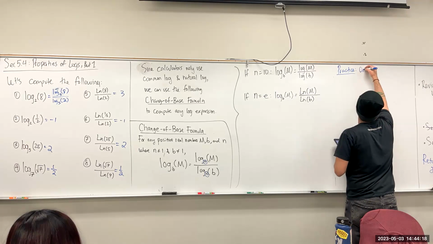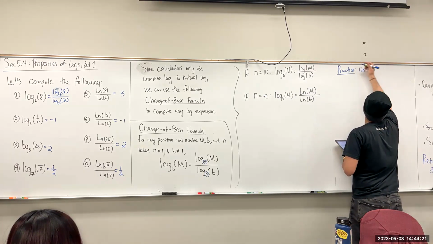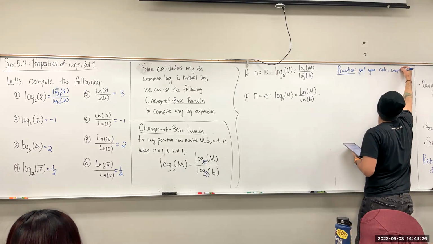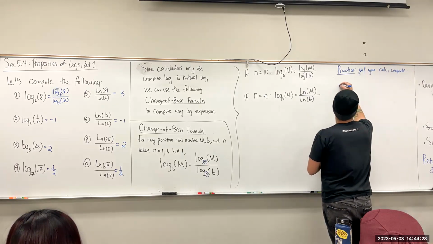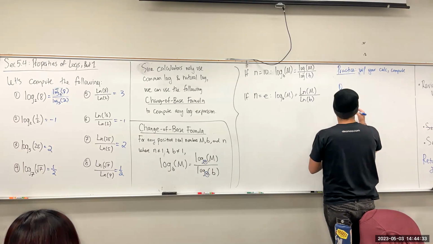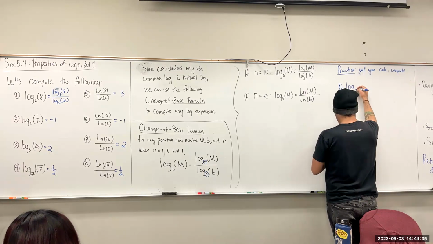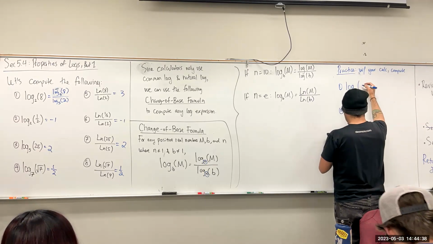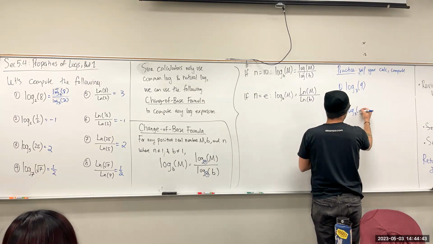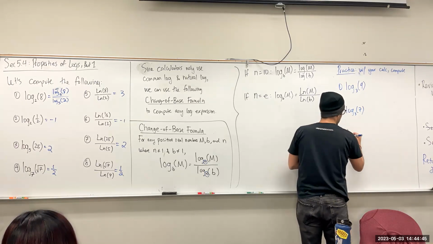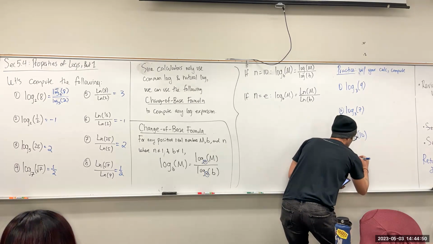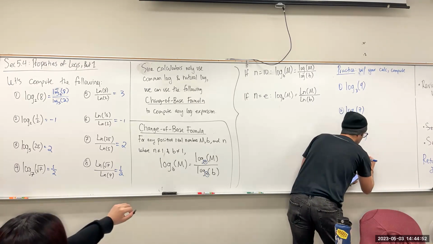So with your calculator, figure out what these are. Do the log base 3 of 9, log base 3 of 7, log base 6 of 10, and then the log base 6 of 1 over 36.